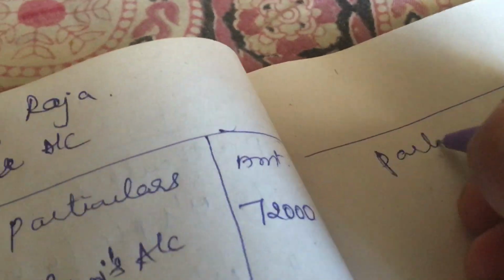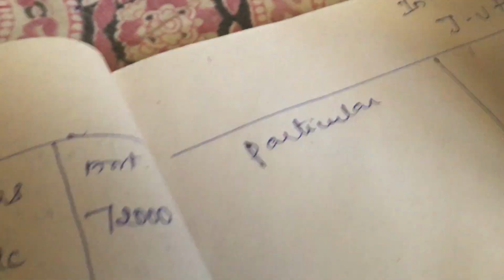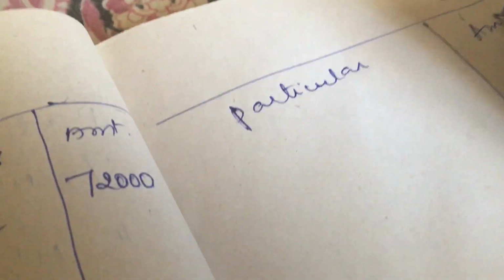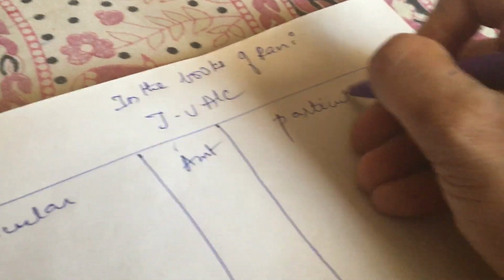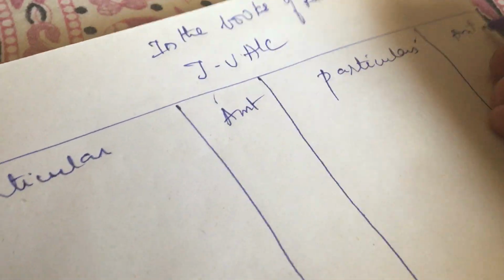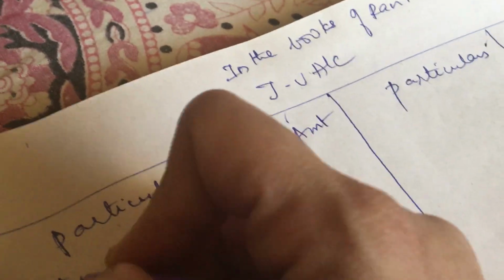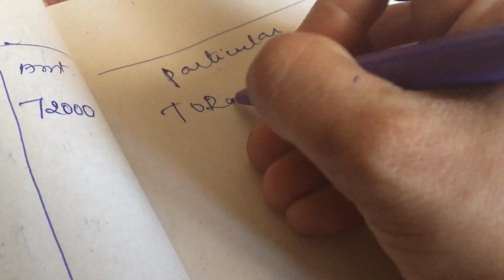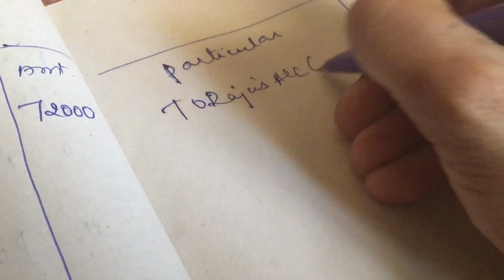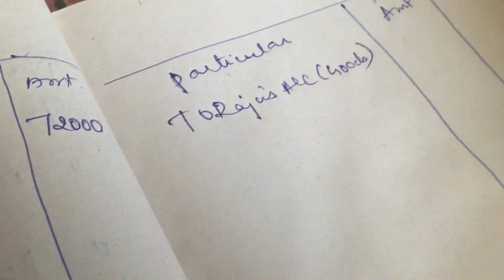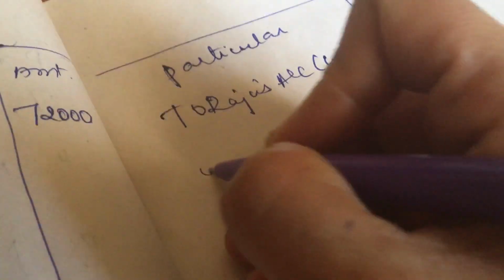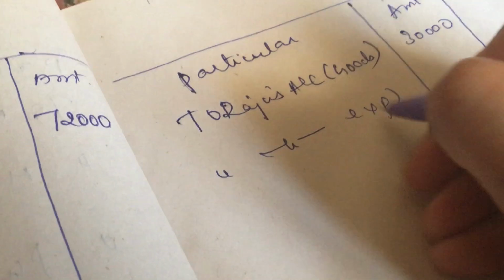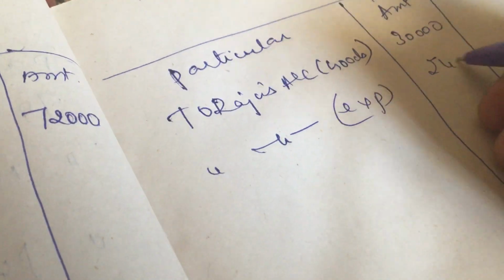First entry, by Raja's goods supplied. I am writing particulars and amount. To Raja's account, goods supplied, that is 30,000, and for the expenses paid by Raja it is 2,400.